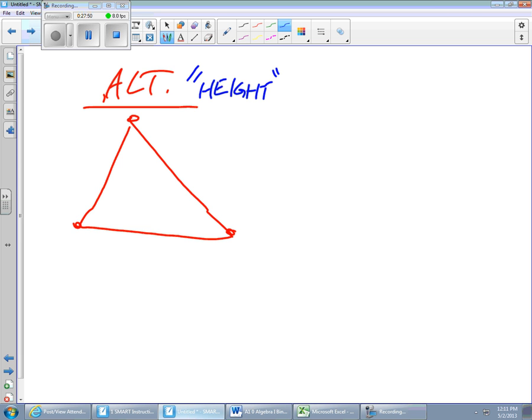Any of your formulas that you have that refer to height, you are hunting for an altitude. And as we should know pretty well by now, height happens when you are perpendicular. So if we connect a vertex to the side that's across from it, we are going to want to be perpendicular to that side. That's an altitude.